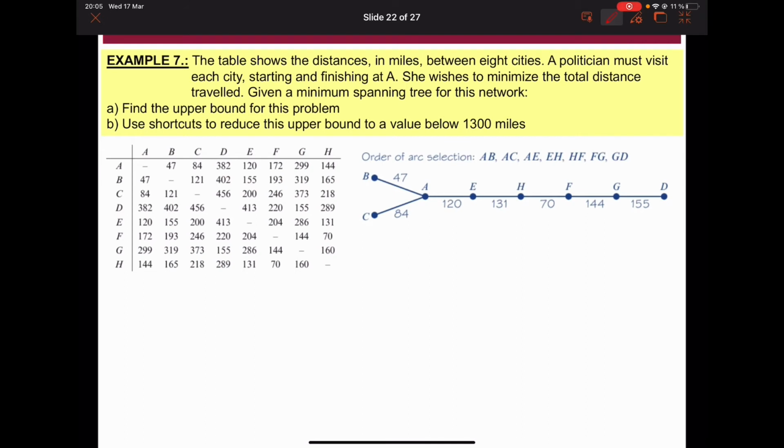The first case is very easy because all we need to do in the A case, if I want to find out the upper bound, I'll start with the initial upper bound.